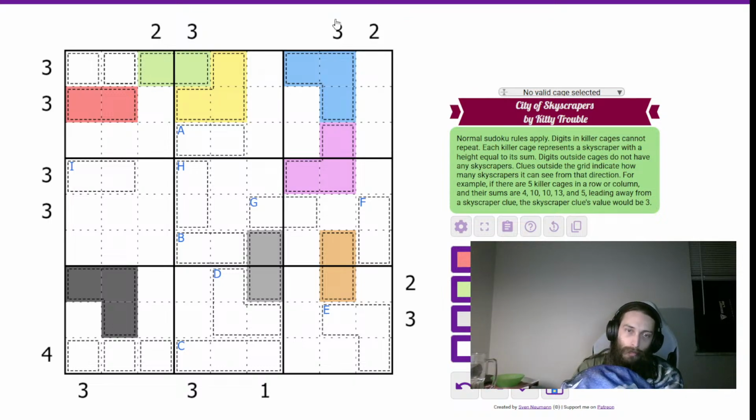Is it possible that this 3 sees E? If this is smaller than E, then that would be true.